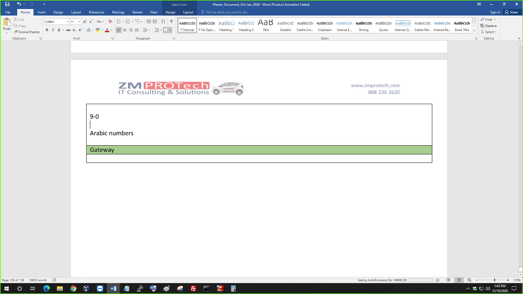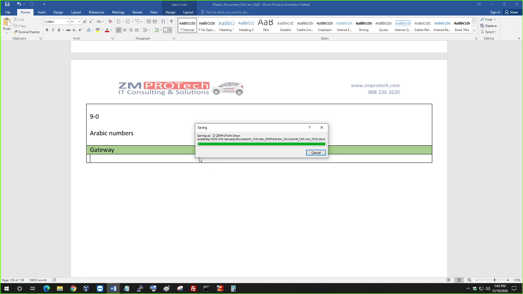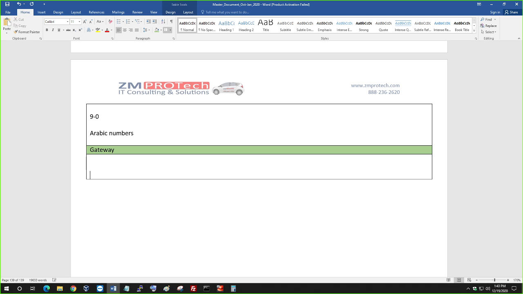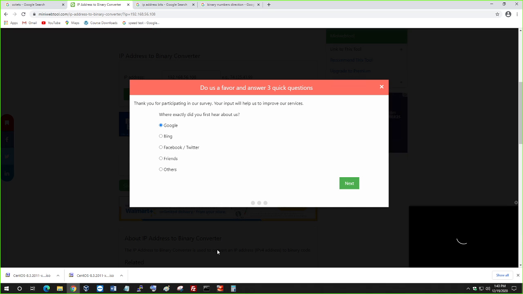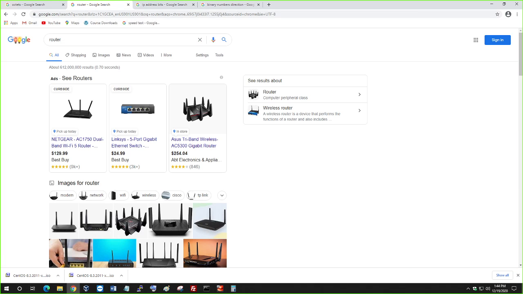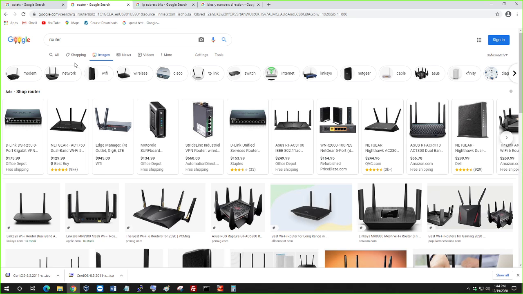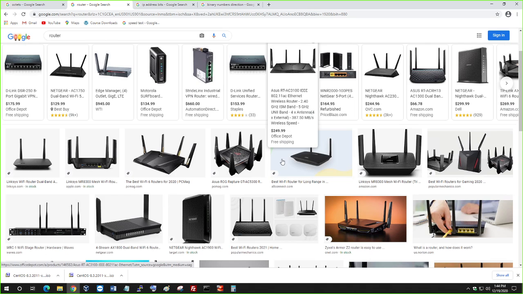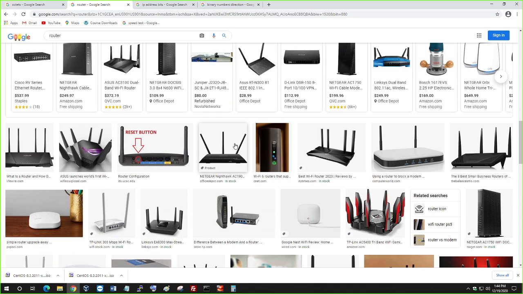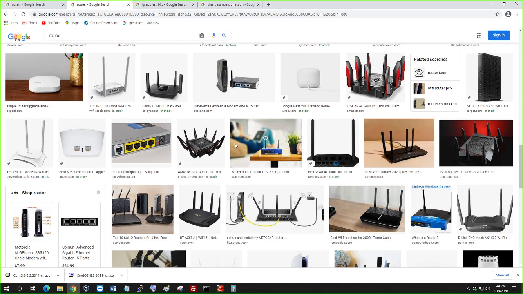So if you look at the router, every router, especially the home router, will handle up to 256 devices. So let's see here, why is that?